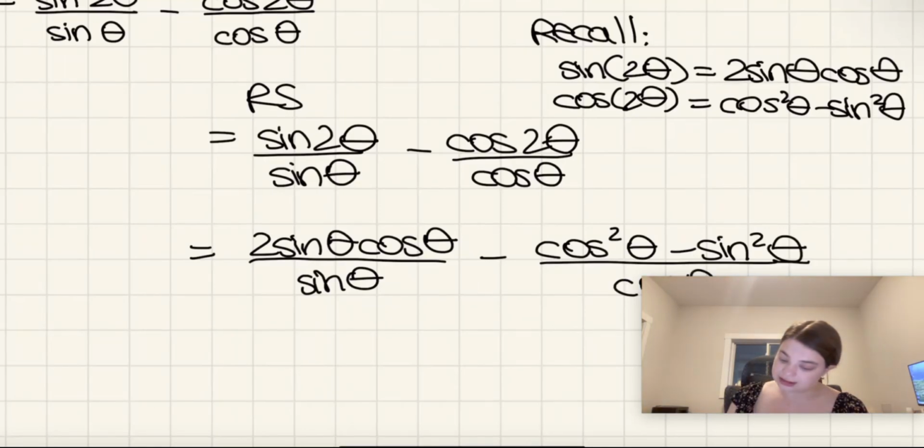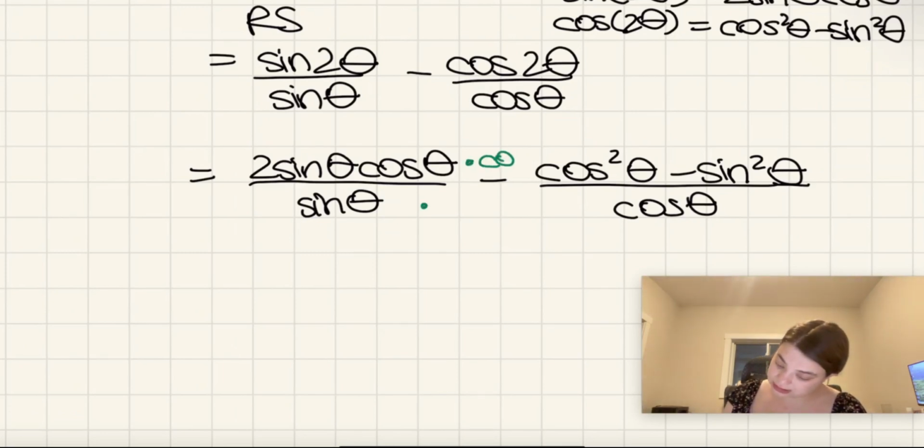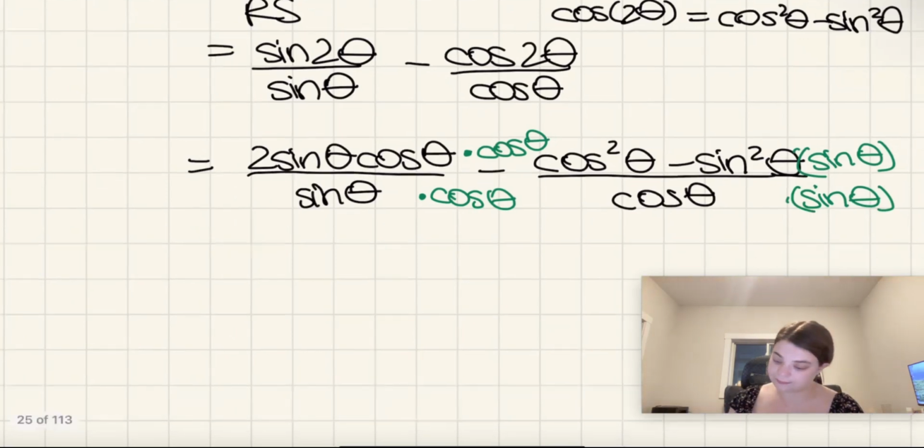Okay. The next thing I want to tackle is the fact that we don't have the same denominator. So I'm going to multiply numerator and denominator of the first fraction with cos theta, and then numerator and denominator of the second fraction with sine theta. And if I do that, let's see what we get here.